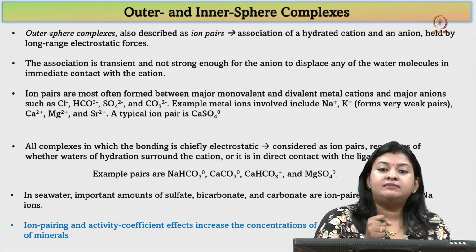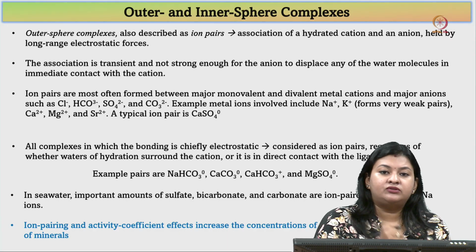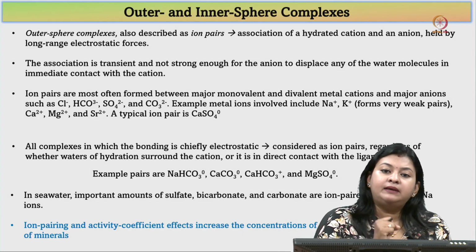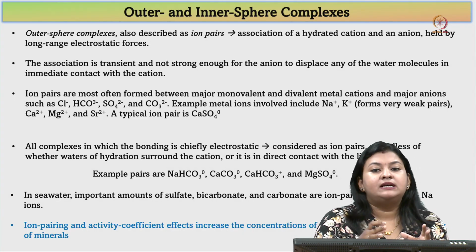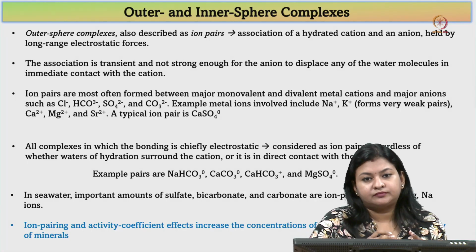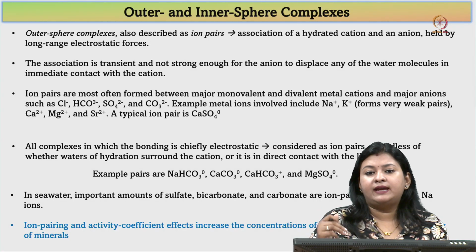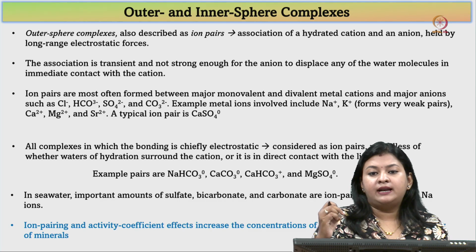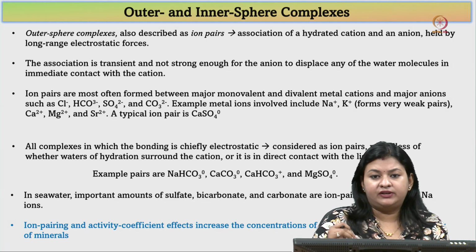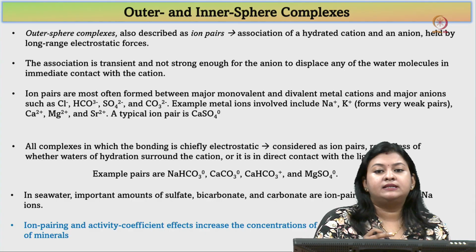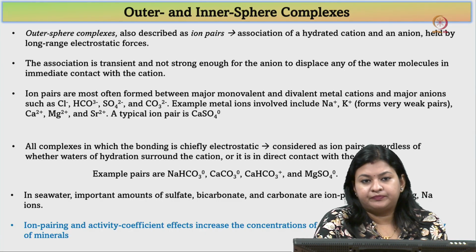Okay. Sometimes if it is an extremely strong anion, then maybe it can replace one, but generally the inner complex is very strong. Okay. So, if any anion is there in the outer sphere, it will not be able to make its way into the inner sphere.